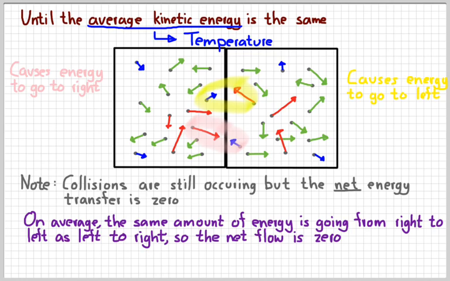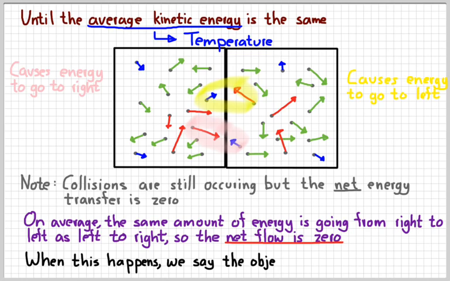So basically the same thing happens that we talked about earlier. The average will be the same for all the particles once they're given time to reach this state where the net flow between them is zero. This state is referred to as thermal equilibrium. So those two objects have the same temperature, and we say that they are in thermal equilibrium.